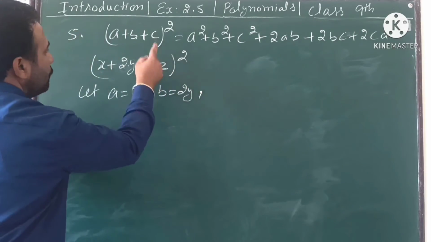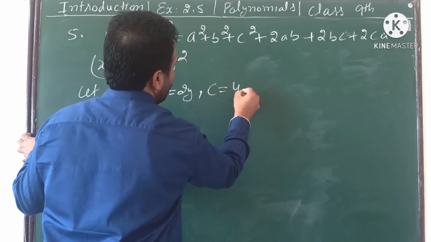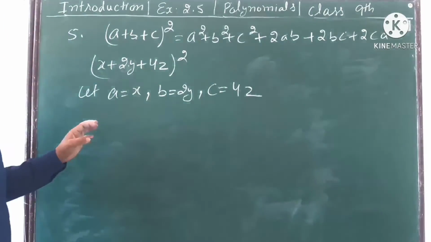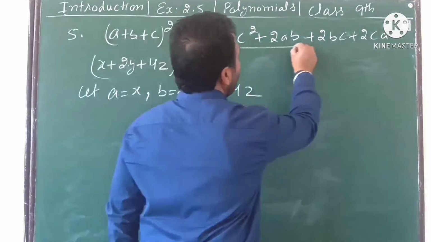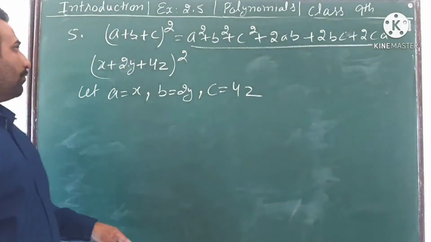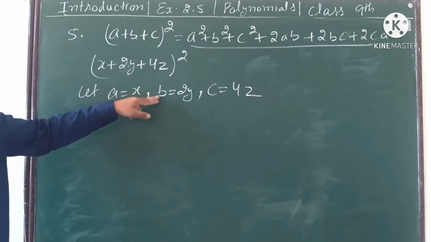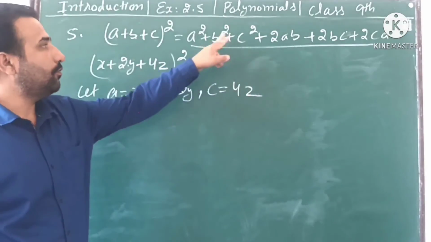The value of c is 4z. Okay. Now we will convert this number into this form. Okay, and we will put the value of a is x, b is 2y, and c is 4z.